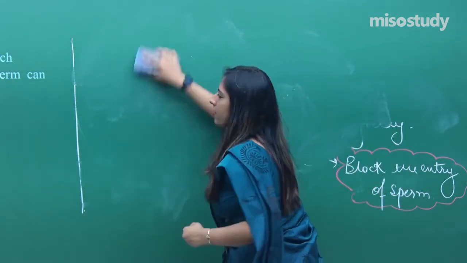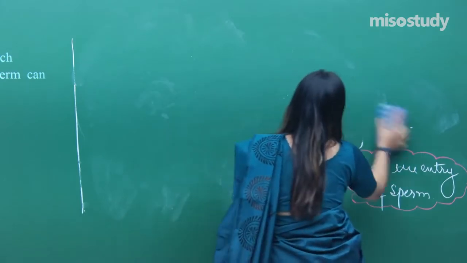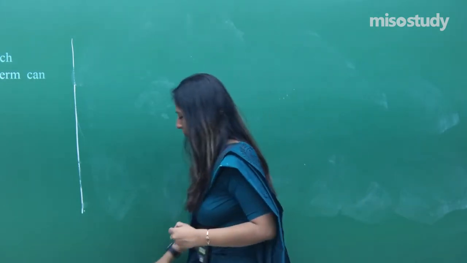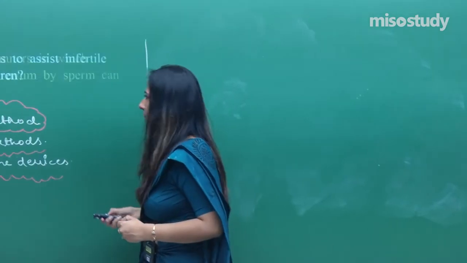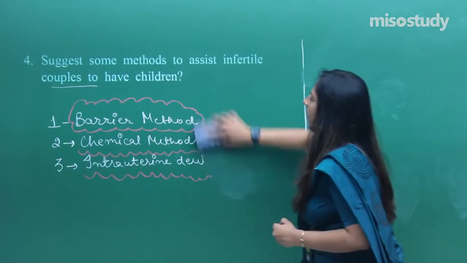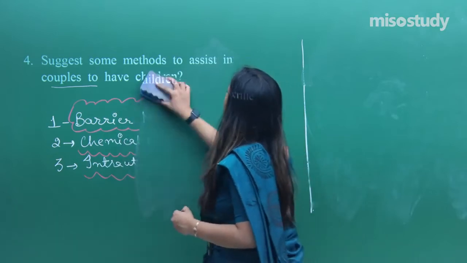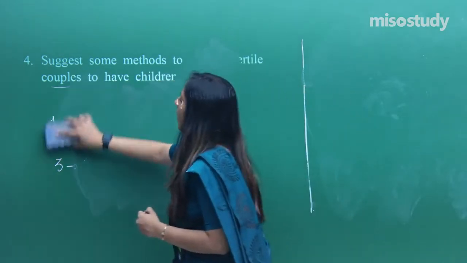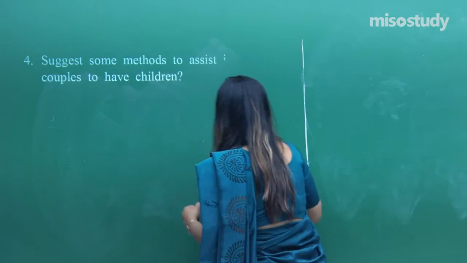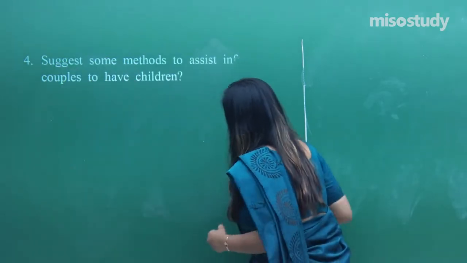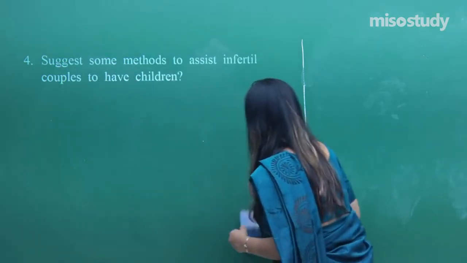Now we will be discussing the next question, that is question number 4. The question here says, suggest some methods to assist infertile couples to have children.